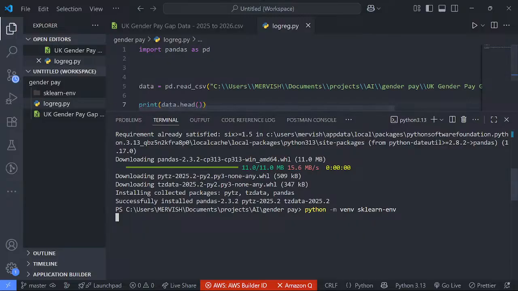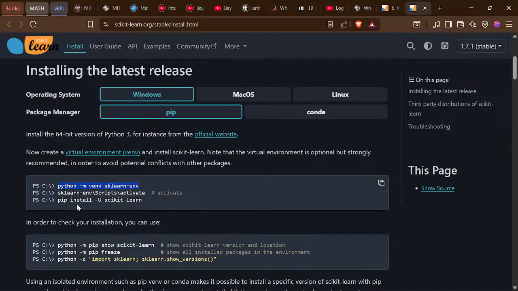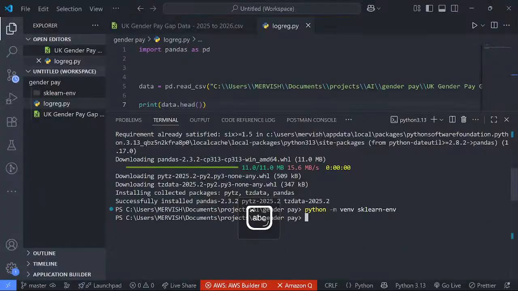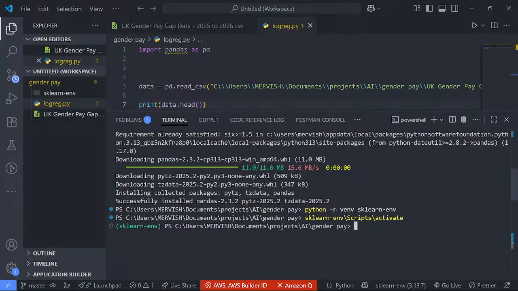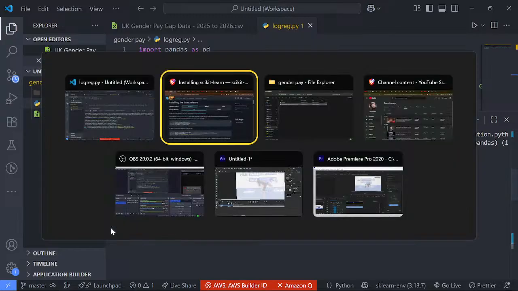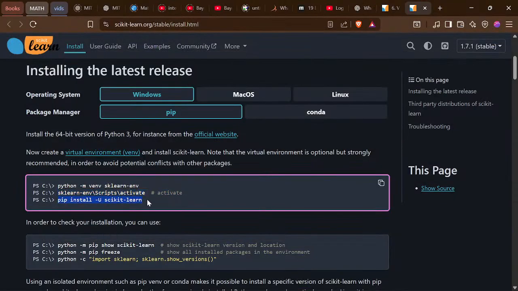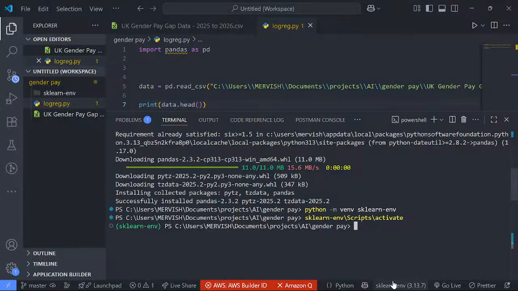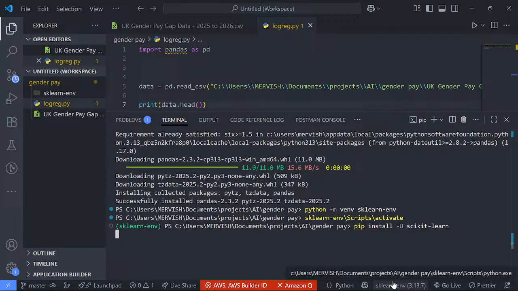It's similar to node modules, I think. Okay, and activate. I need to activate all of this. Come on, bro. I'm gonna have to CD into it. Oh shit, it's activated. Pip install. Hopefully it's not too big.